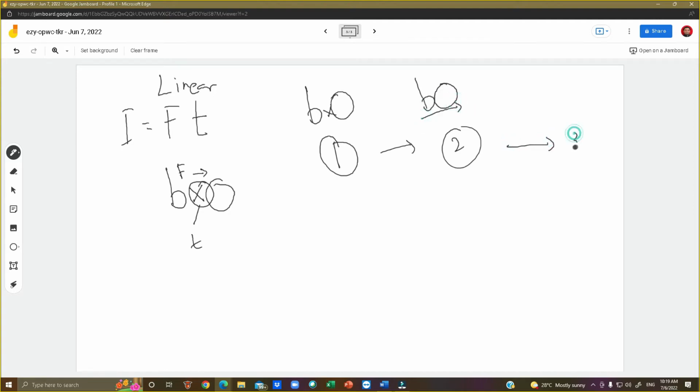Then it goes to the third phase where the ball starts leaving the leg, which is the separation. Contact, drive, separation. In linear case, impulse is the amount of force being transferred to the ball, which will cause the ball to move forward. That is impulse, Newton's second law. That is linear impulse.